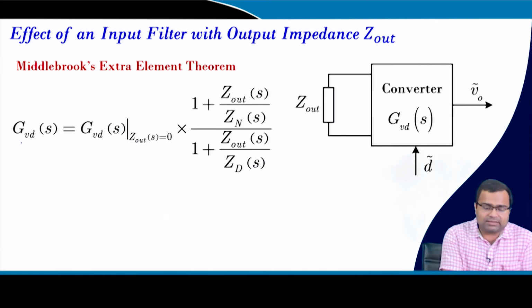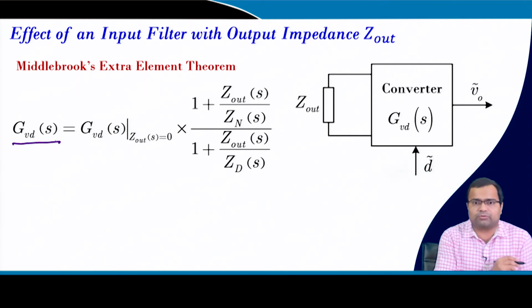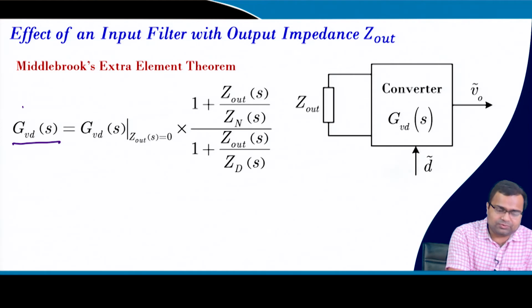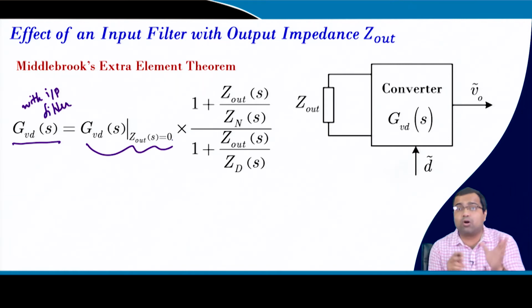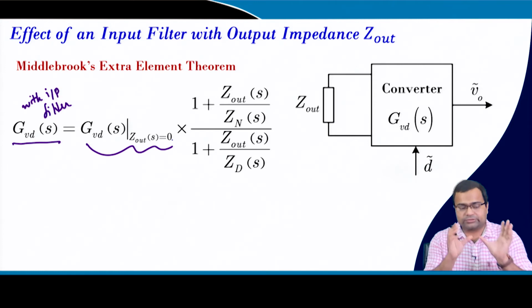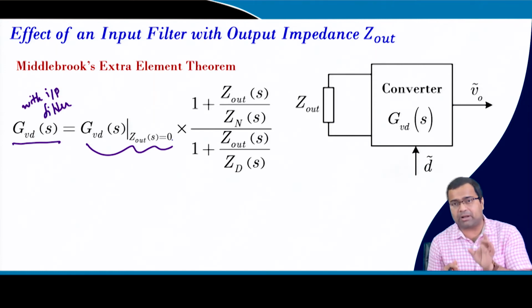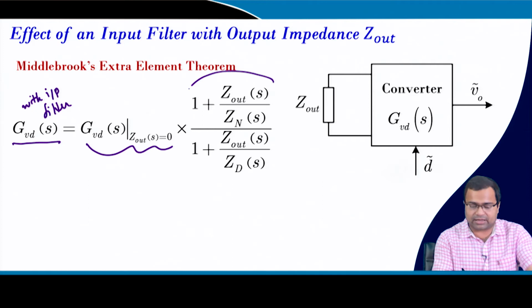So, this is the control to output transfer function with input filter, and this is the control to output transfer function without input filter. That means with filter will be without filter multiplied by this term.